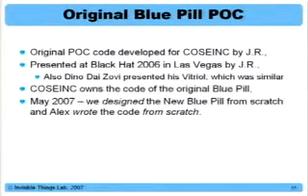The original Bluepill was presented here last year by me. Also, Dino Dai Zovi presented Vitriol, which was, while Bluepill was an implementation on AMD SVM, Dino's rootkit was an implementation on VT-x, on macOS, I think.